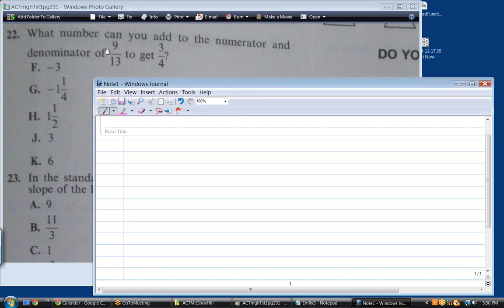Okay, remember what the question says. We have to find a single number. Oh, you can add. Yeah, that we're going to add to both the numerator and the denominator, and it'll turn it into 3/4 instead of 9/13. Those are not the same fractions.